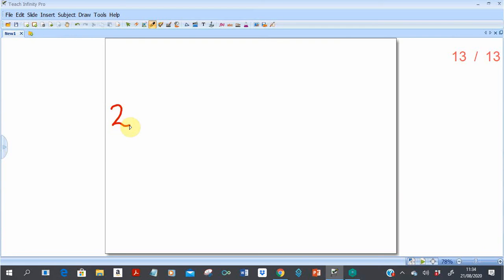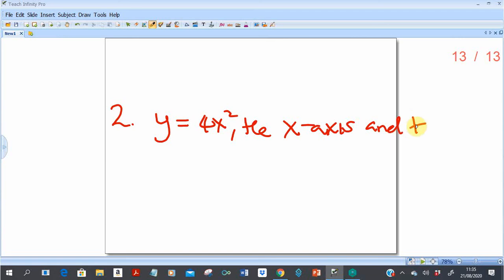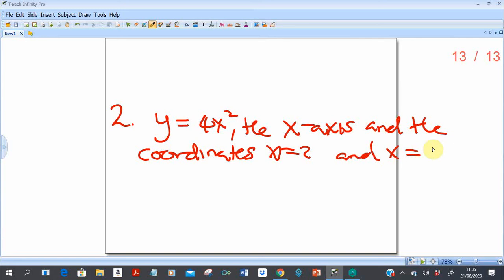In the next example, we need to find the area bounded by the curve y is equal to 4x squared, the x-axis and the coordinates x is equal to 2 and x is equal to 3. The first thing is to sketch.